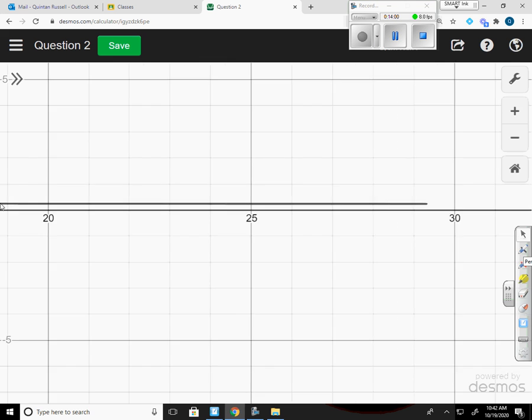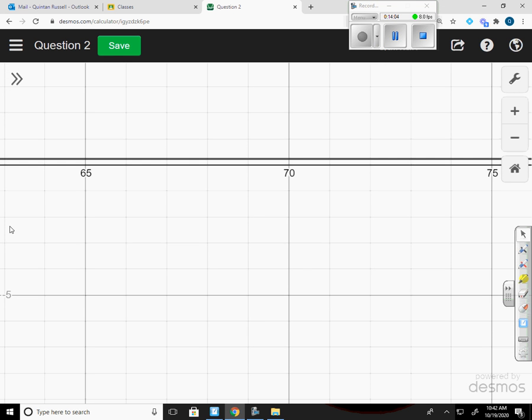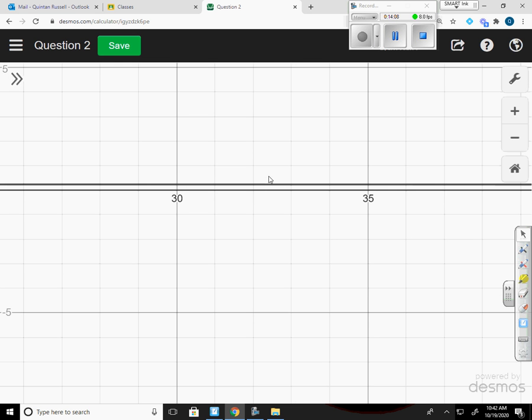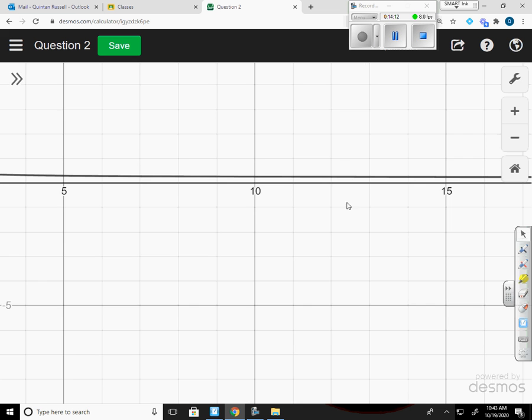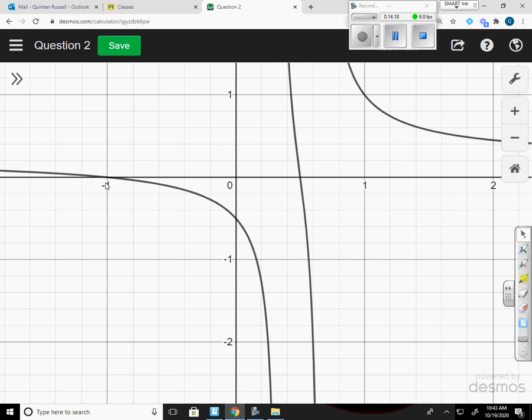It gets closer and closer and closer, but it'll never actually touch it. So that just leaves me with my two zeros. One at negative 1 and one here at 0.5.